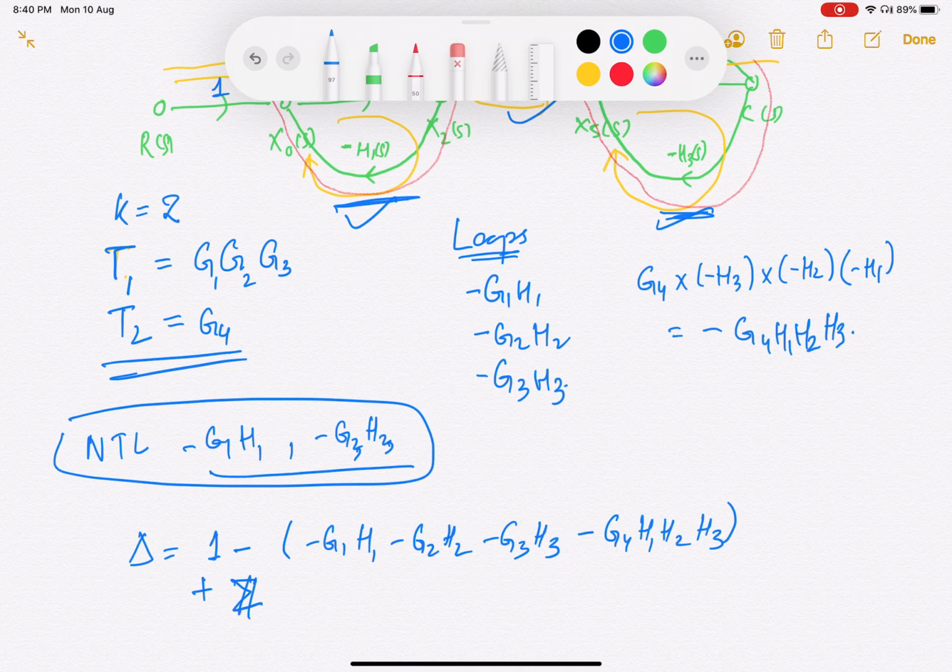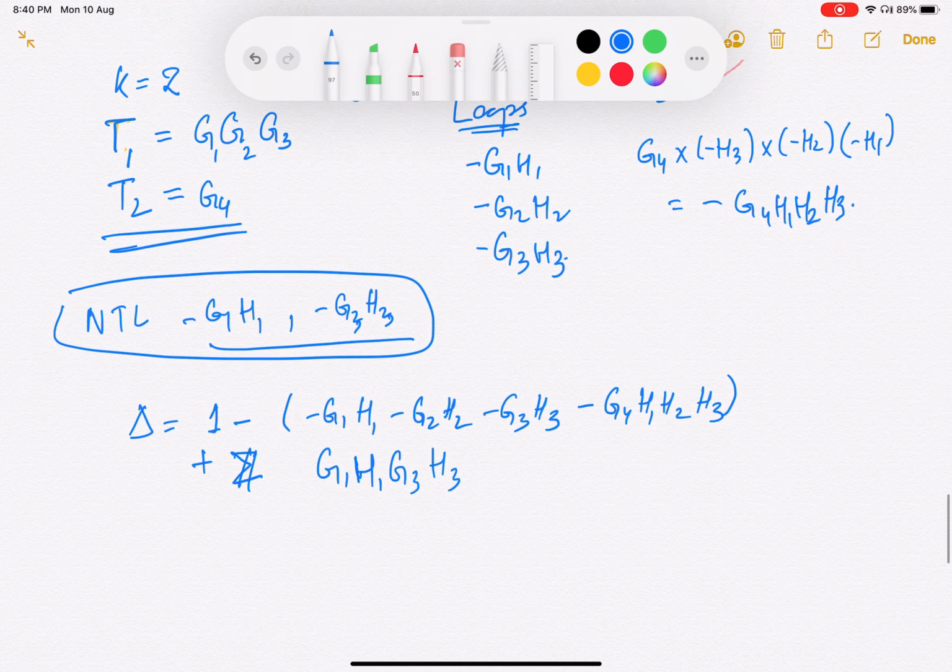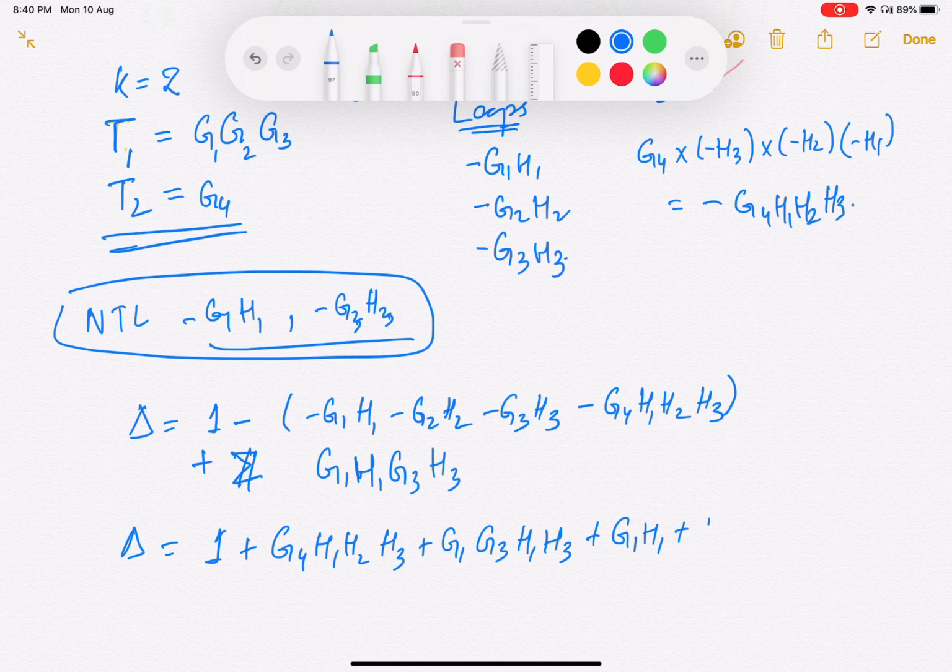You have only one, so you have plus G1 H1 G3 H3. So this is your delta. You can simplify this and write delta as 1 plus G4 H1 H2 H3 plus G1 G3 H1 H3 plus G1 H1 plus G2 H2 plus G3 H3. So this is your delta.